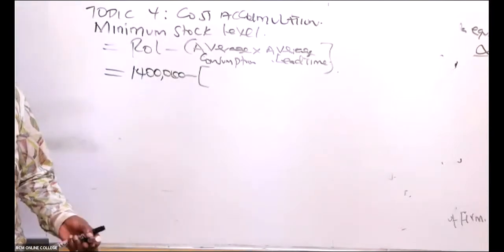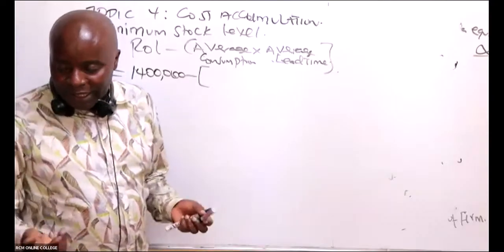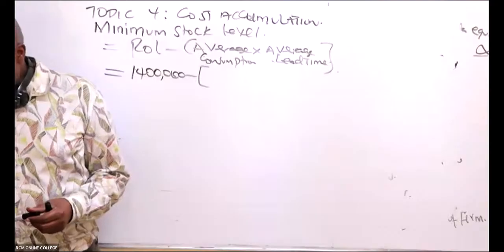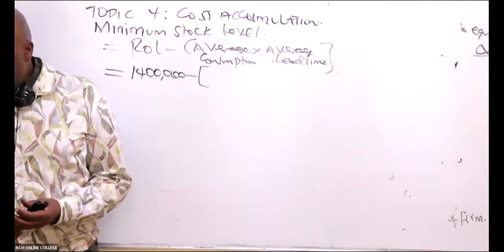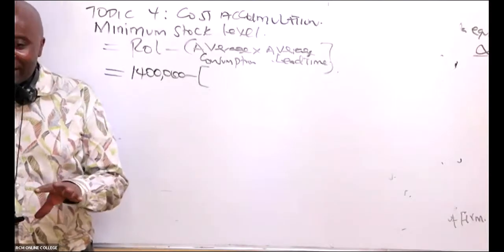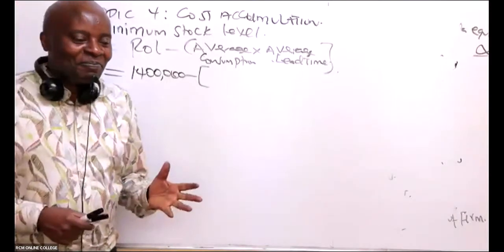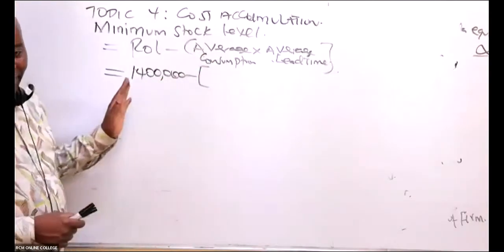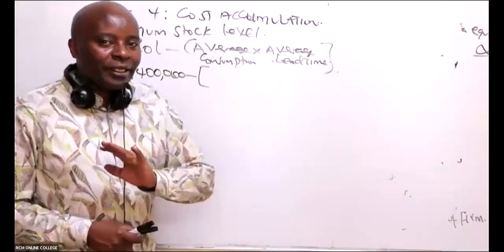So the online ninjas, is there somebody who thought of doing it that way? Mohammed is saying it's supposed to be normal consumption, not average. You see, normal consumption and the average consumption are the same. The examiner can use them interchangeably.